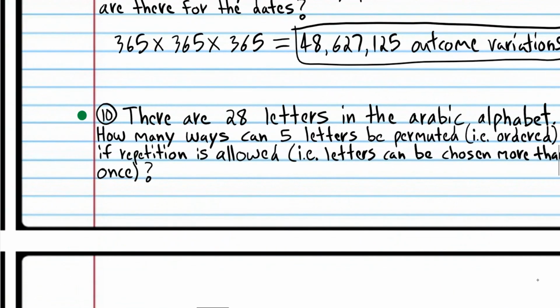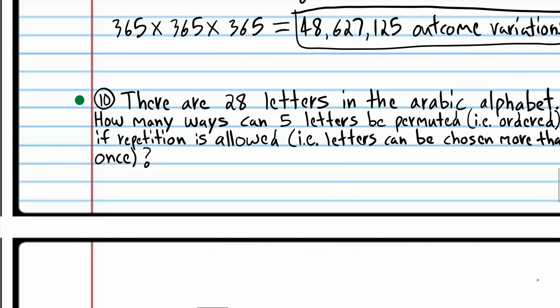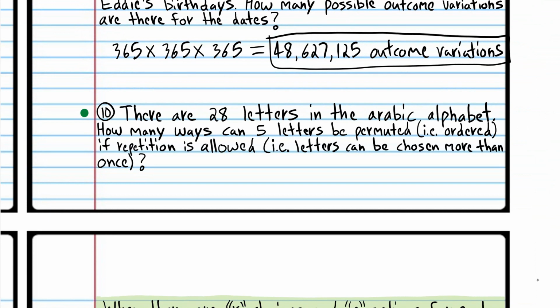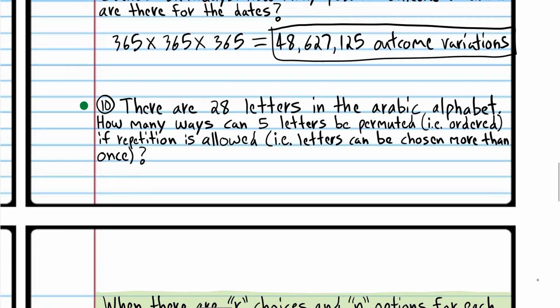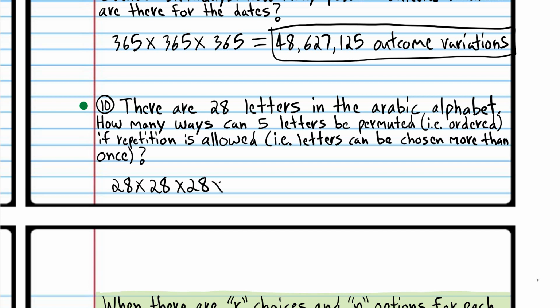Okay, we're back. So there are 28 letters in the Arabic alphabet. How many ways can 5 letters be permuted if repetition is allowed? So we have 28 options for the first letter, 28 options for the second, and the third, and the fourth, and the fifth.